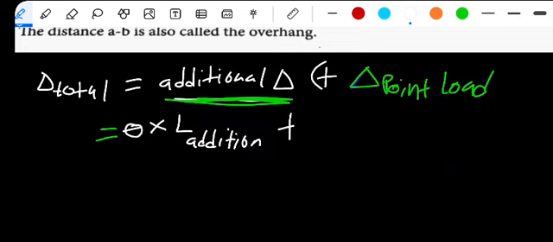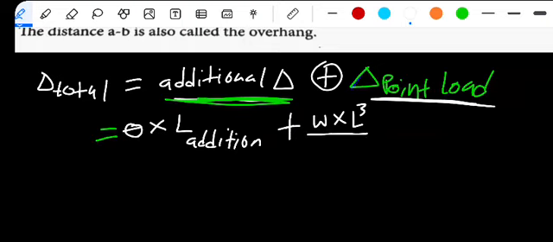Here we have our plus the point load. We know that the point load deflection is given by W multiplied by length raised to the power of 3, divided by 3EI, isn't it?